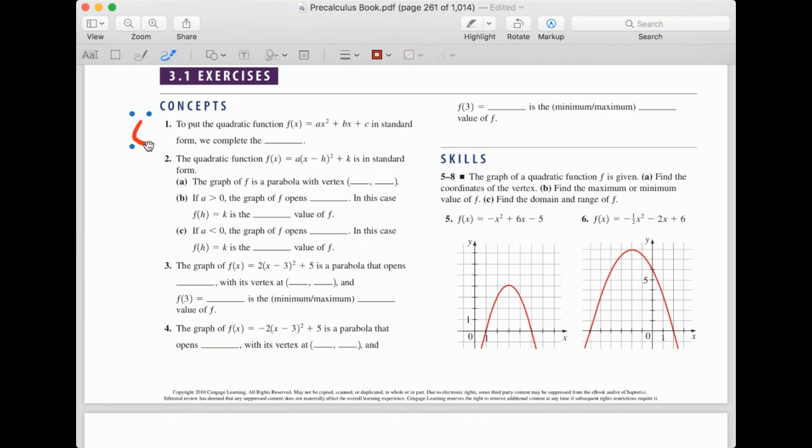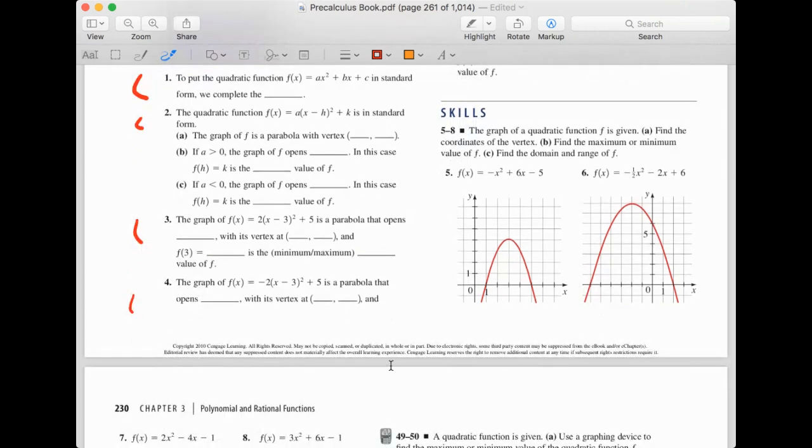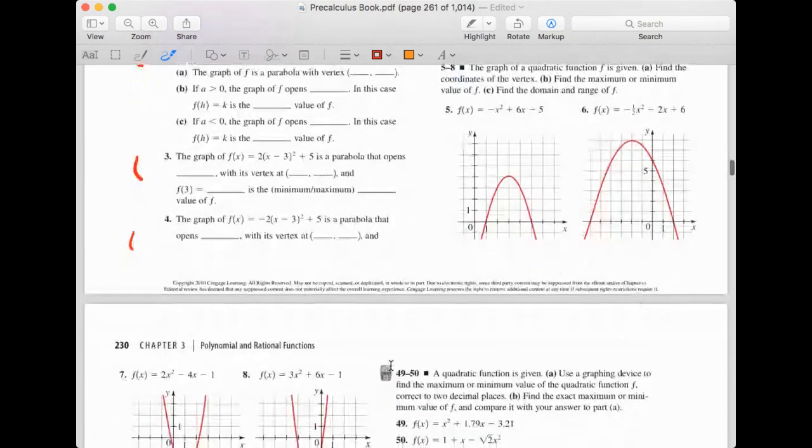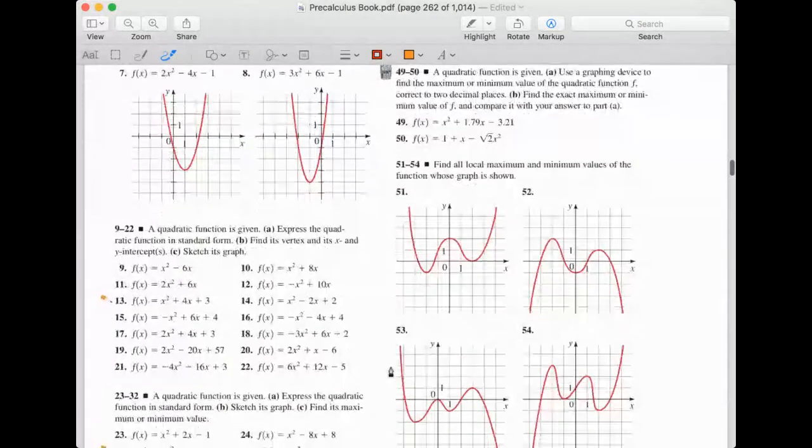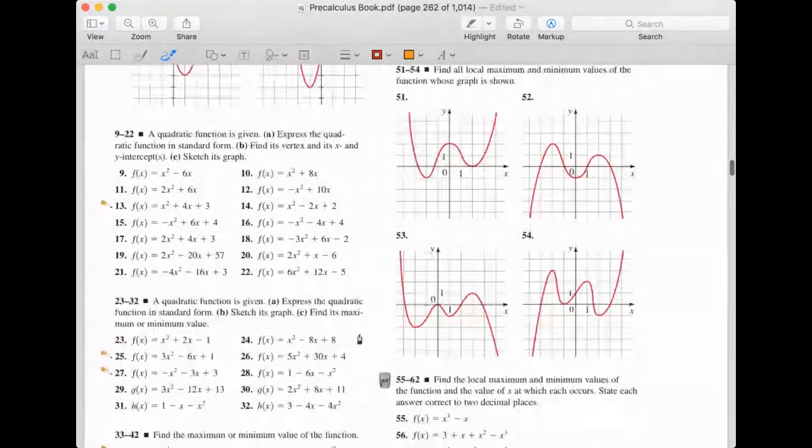Let's do 1, 2, 3, 4. Let's choose 9 up to 21, all right?